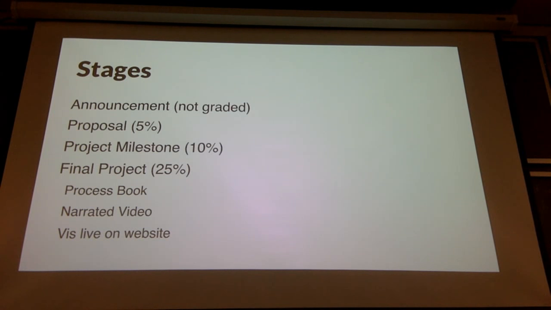There are 4 stages to your project. There's the announcement, which gives us time to check and to assign TAs to your teams. You will be working with one TA in close collaboration to get this project as good as possible. Then your proposal, which is 5% of your overall grade. Then your project milestone, which is 10% of your overall grade.